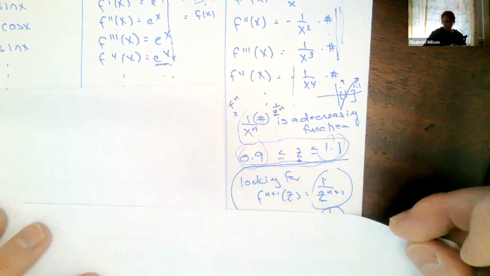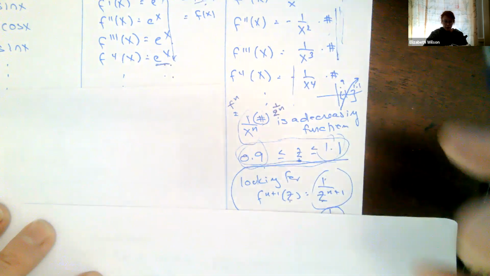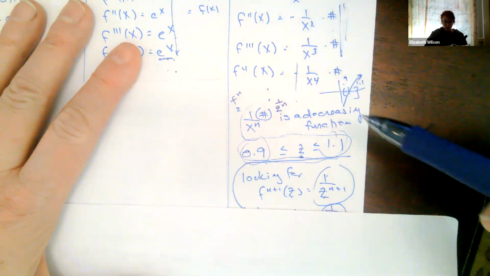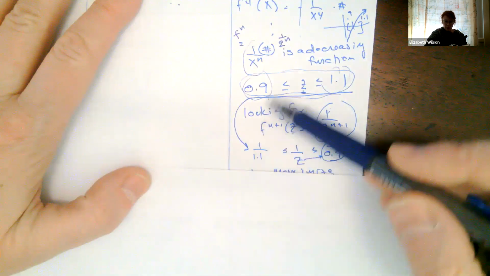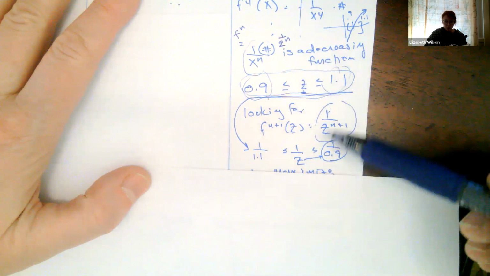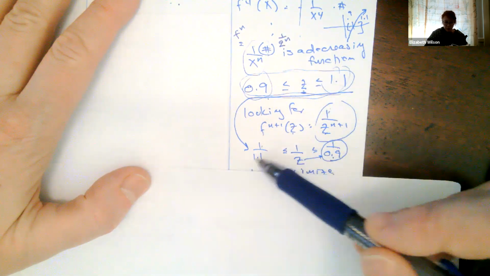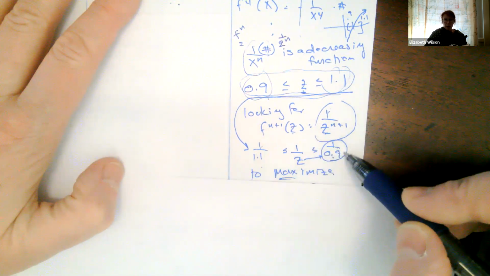So I have to rewrite this inequality, taking the reciprocal of the whole thing so that it reflects the nature of my derivatives. If I take 1 over z, I have to flip 0.9 and 1.1. 1 over 0.9 is bigger than 1 over 1.1, so the bounds change. So to maximize 1 over z, I choose z equals 0.9.